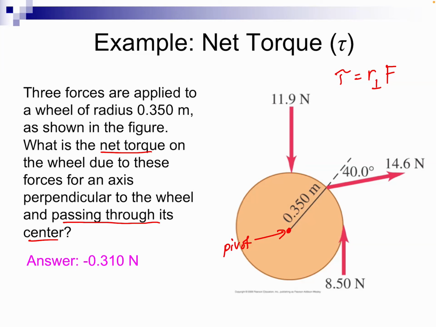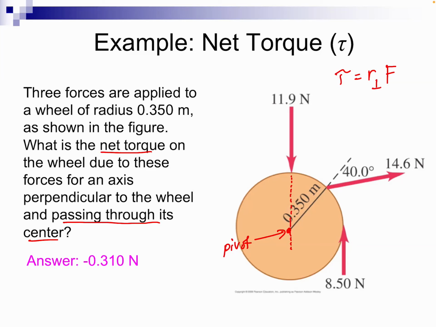If we extend the 11.9 Newton force to pass through the pivot, notice how the force just directly passes through the pivot. There's no way for us to draw a line that's perpendicular to this force and passing through the pivot.